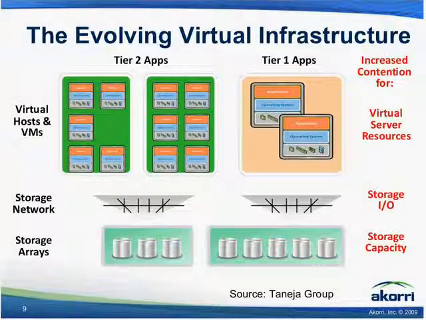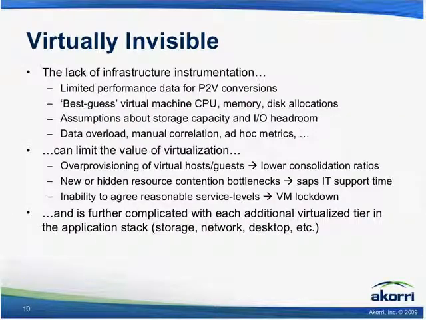Do I know before I deploy, or is it a deploy and pray that I've now not maxed out my I/O bandwidth to the back-end storage? And as always, how do I know who's consuming those gigabytes of storage, those terabytes of storage in the back-end arrays, and how do I map that back so I get a better understanding of what's going on?